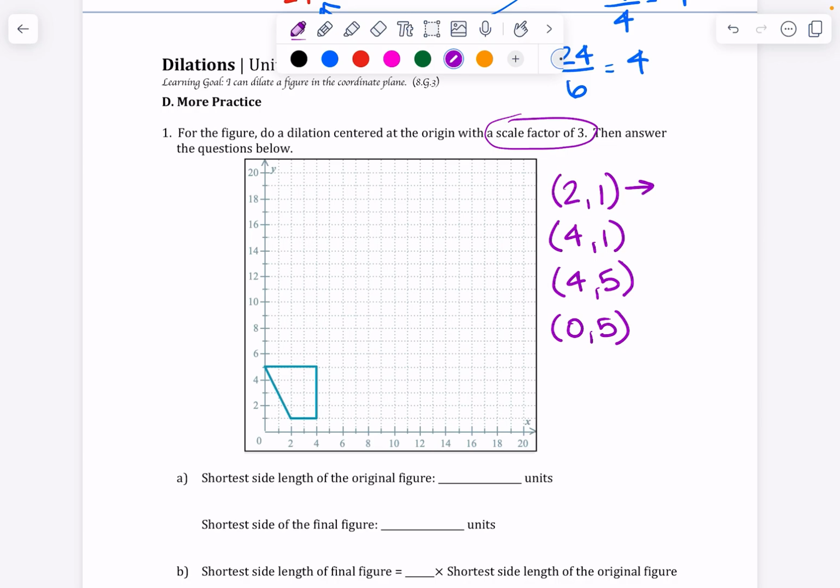If we do a scale factor of 3, that means we're multiplying every point by 3. So this would become (6, 3), (12, 3), (12, 15), and (0, 15). So go ahead and graph that on your graph.